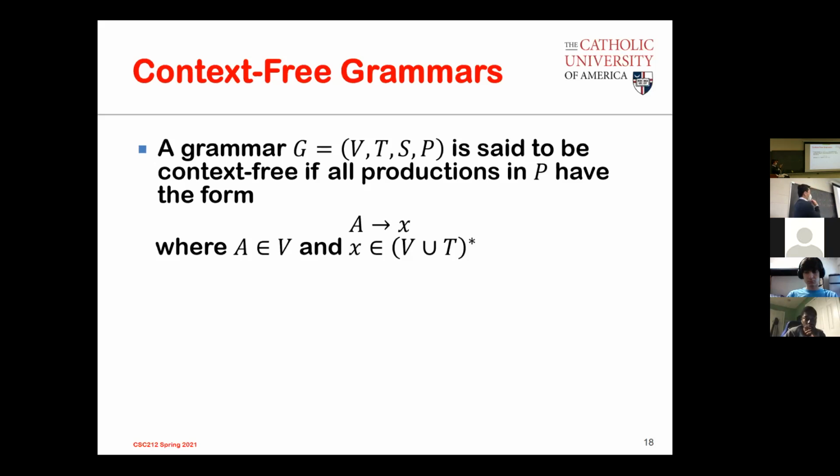Because the production rule on the left, which left? The left linear. The first. Well, right here is the context-free grammar. Right here is regular grammar.